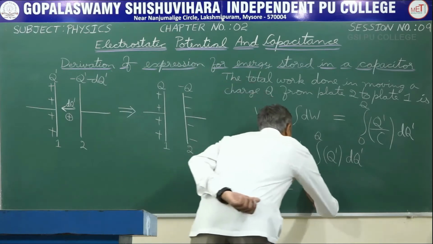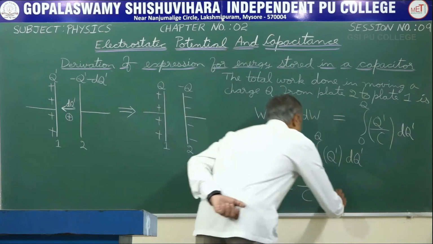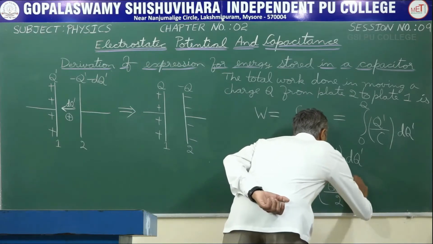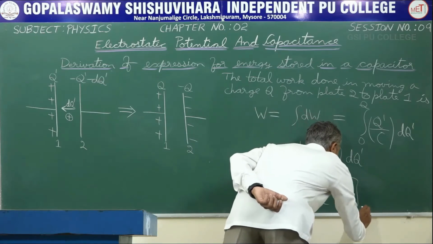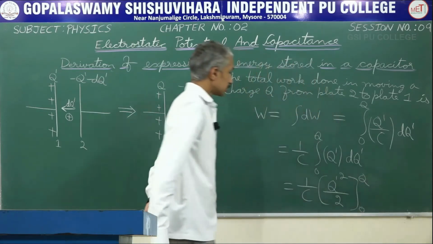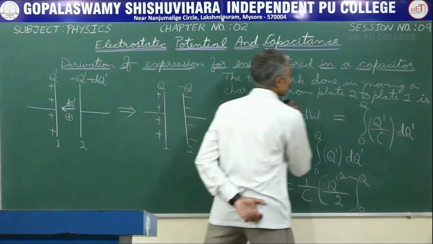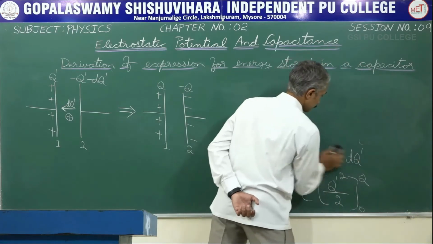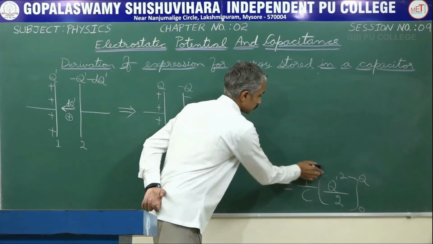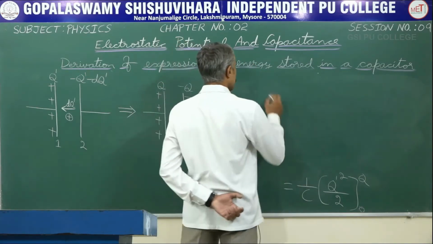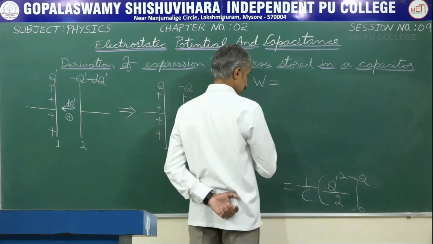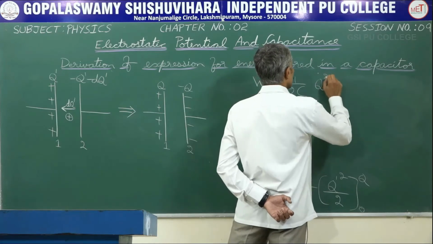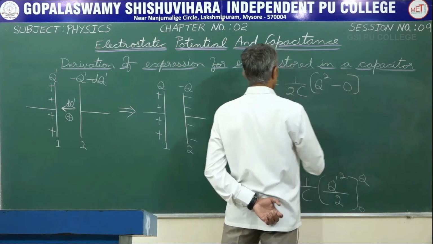So we will get this as 1 by C. Integration of Q dash is going to be Q dash square by 2, and the limits is from 0 to Q. So this will further give us W is equal to 1 by 2C Q square minus 0.